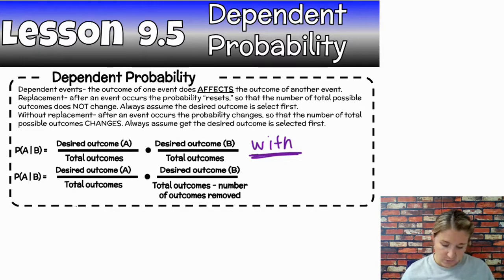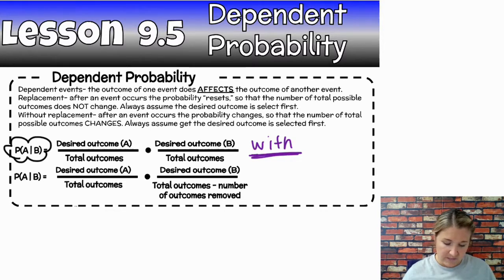So let's look here. First, for this one, we're always going to assume that you get whatever probability you're trying to find first. So this notation right here means the probability of A given B, or B given A, however order you want to look at that.